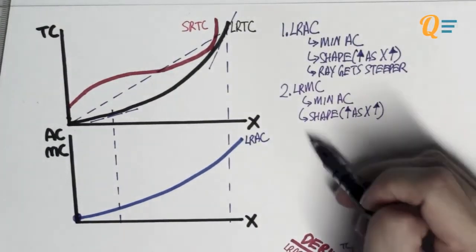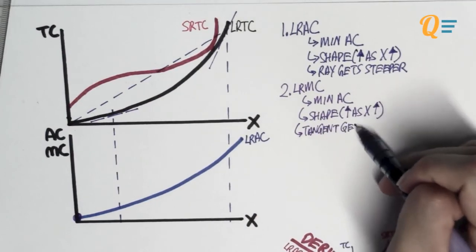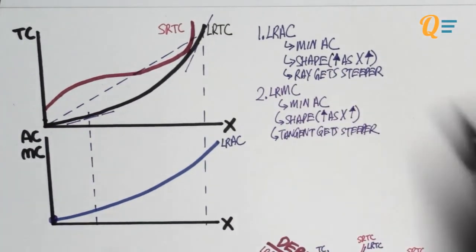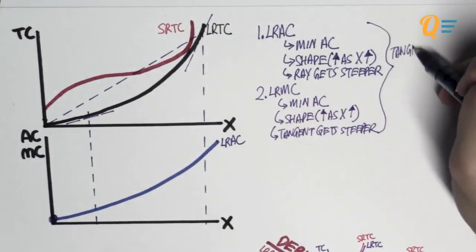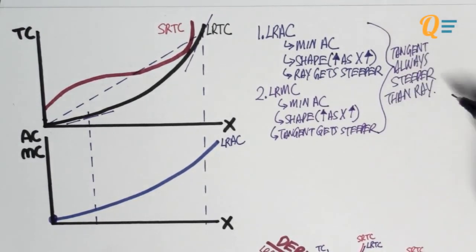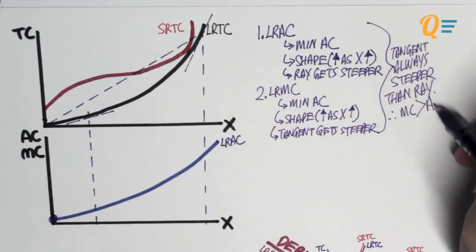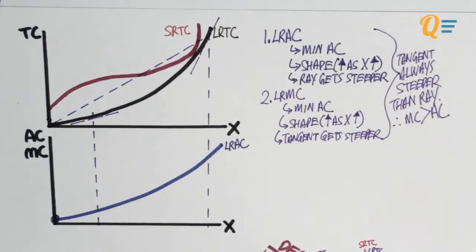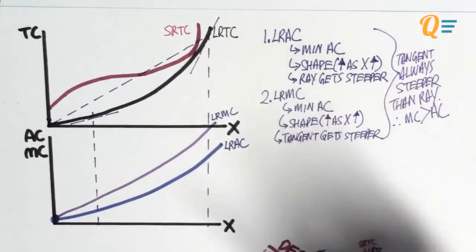And this is because the tangent gets steeper and steeper as I move along the horizontal axis. So what I can also see is that the tangent will always be steeper than the ray. Okay, you can try this out by yourself. Therefore, your marginal cost is going to be more than your average cost, and that is why your LRMC will always be above your LRAC. So you see, that's pretty straightforward, right?